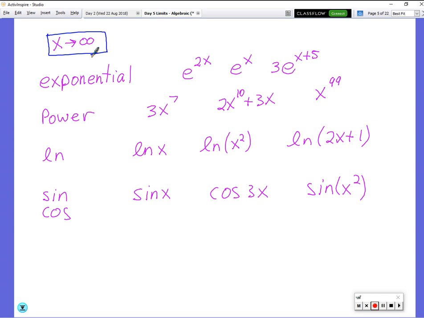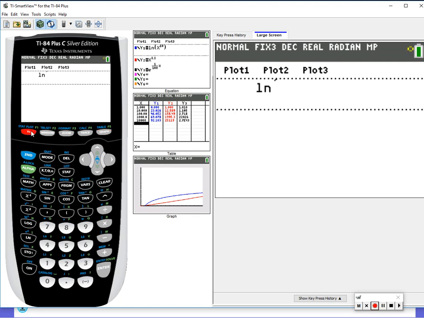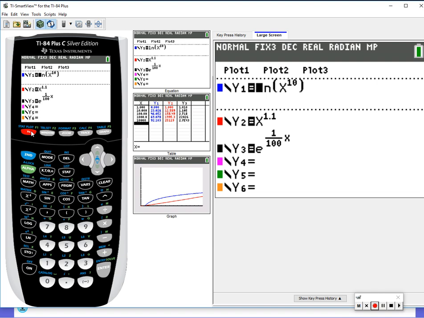I set up the calculator to give a quick demo of this idea. What I did on the calculator is I typed in a logarithmic function and then put inside the ln function a power function to the 10th power to give you the idea that this would grow quite quickly, while the ln of this will not, by comparison.